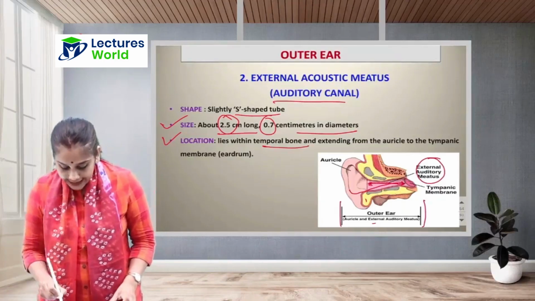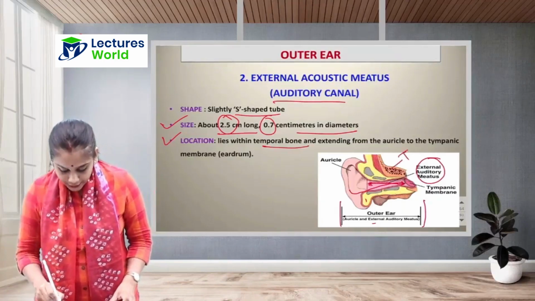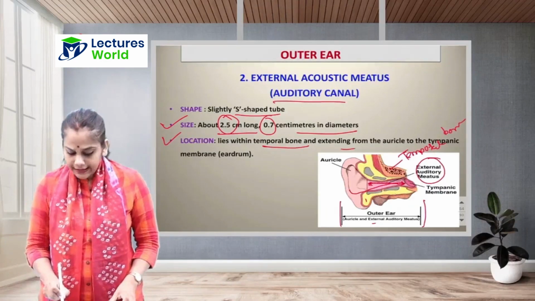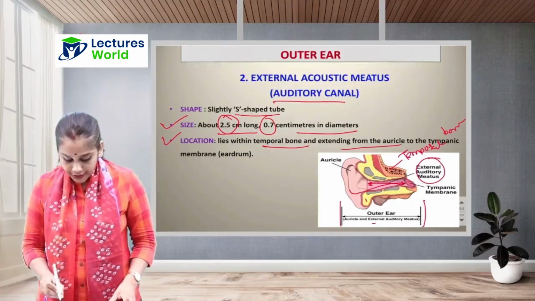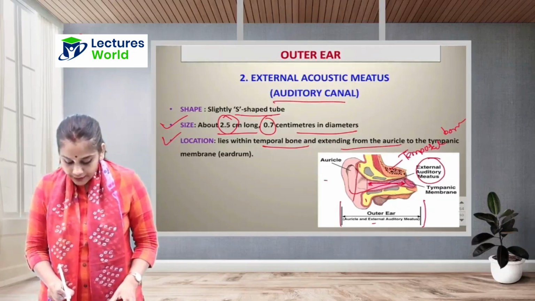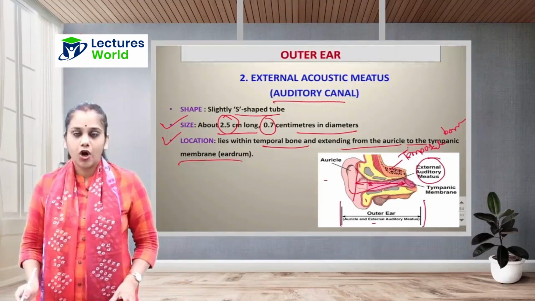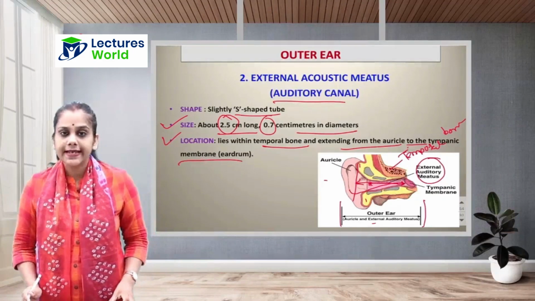You can see here the temporal bone, extending from the auricle to the tympanic membrane, which is also called the eardrum.